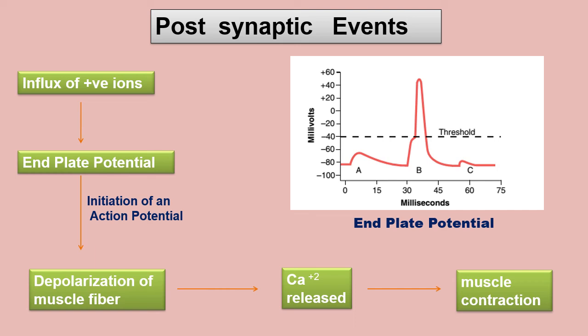In turn, this end plate potential initiates an action potential that spreads along the muscle fiber. This action potential causes depolarization of the muscle fiber membrane and allows the sarcoplasmic reticulum to release large quantities of calcium ions. These calcium ions in turn are involved in the process of muscle contraction.